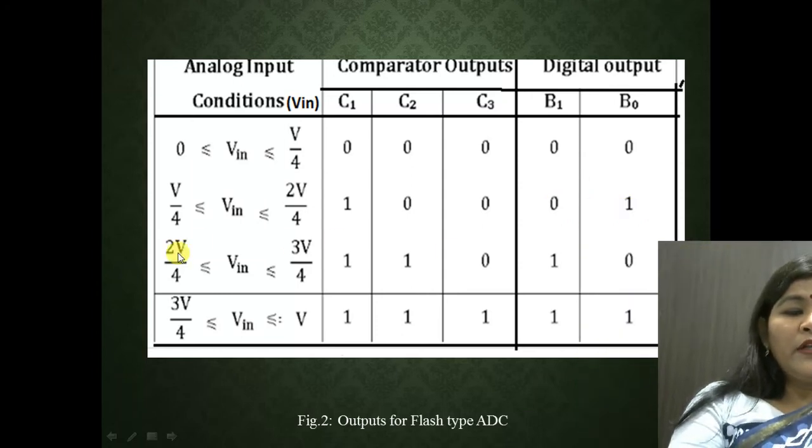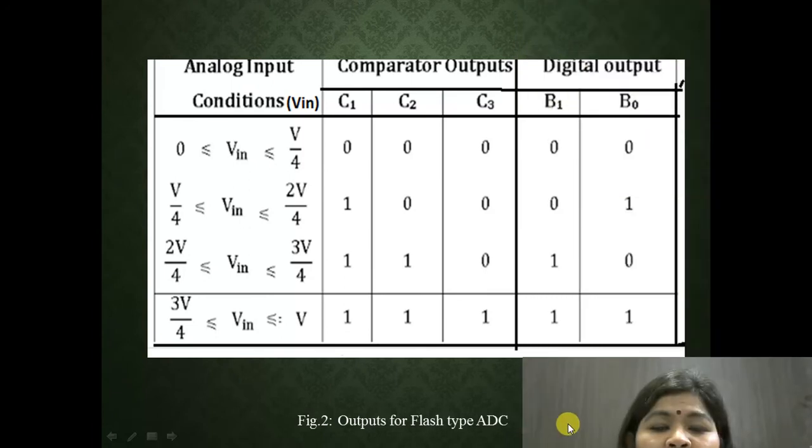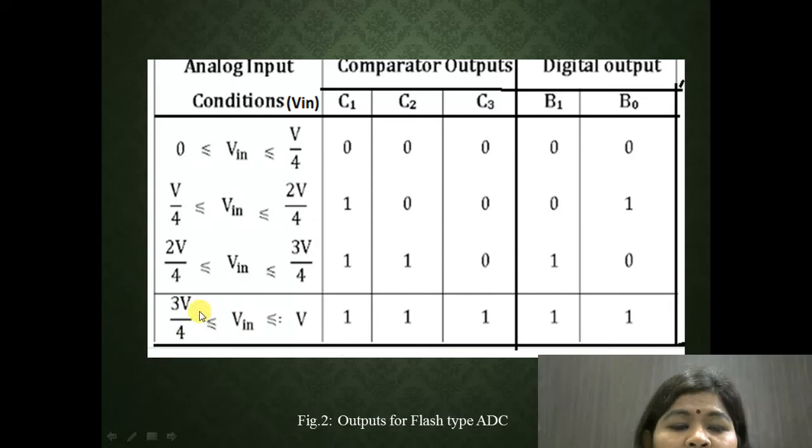Now when V in lies between 2V by 4 and 3V by 4, then the comparator output will be 1 1 0, and the digital output is 1 0. If V in lies between 3V by 4 and the reference voltage, then the comparator output will be 1 1 1, and the digital output will now be 1 1.